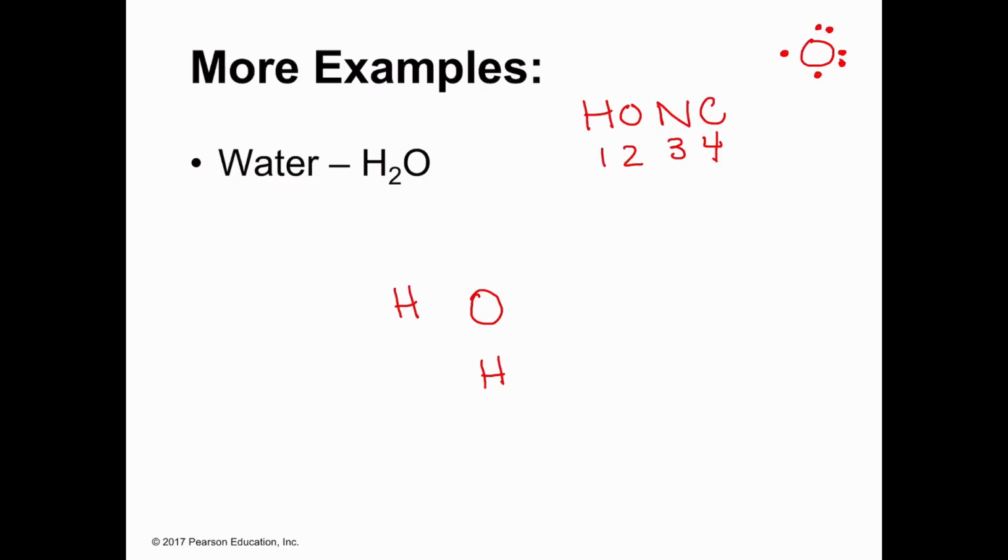When I do that, you'll notice that the 2 sets of lone pairs end up next to each other. And the 2 bonding electrons will end up next to each other. So that's why I've drawn the hydrogens where they are, to the left and down, because they need to be next to each other.